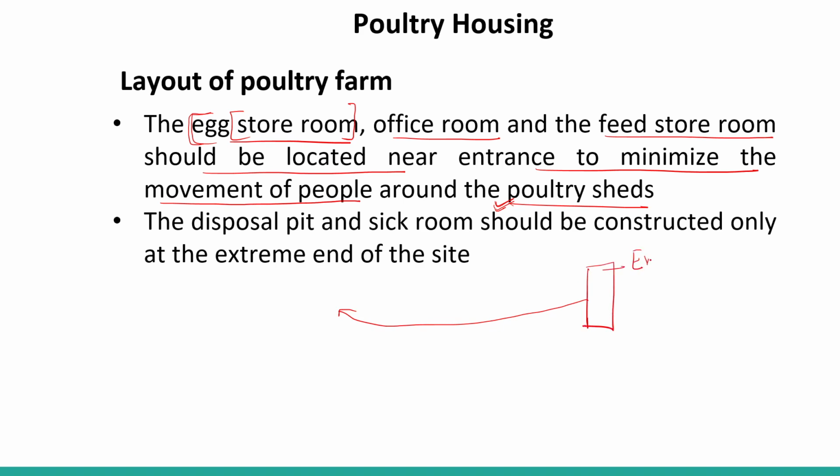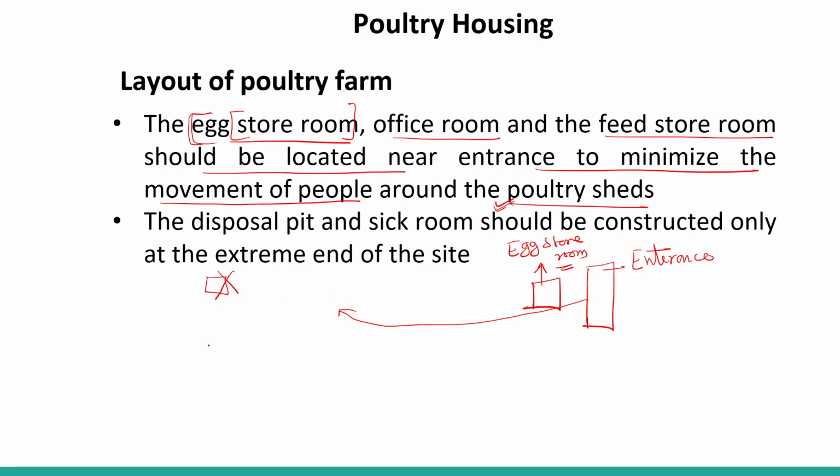Suppose this is the entrance of the poultry farm, then this is the egg store room, so it should be at the entrance only. Okay, it should not be at the end.